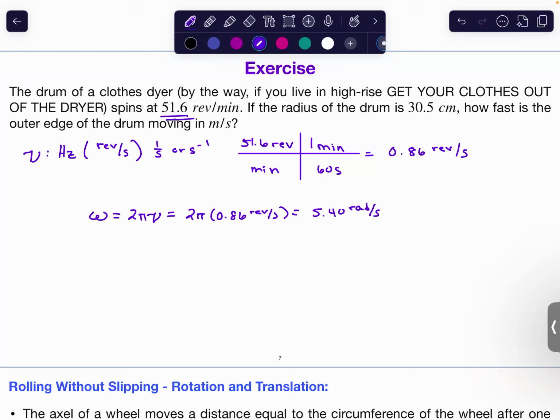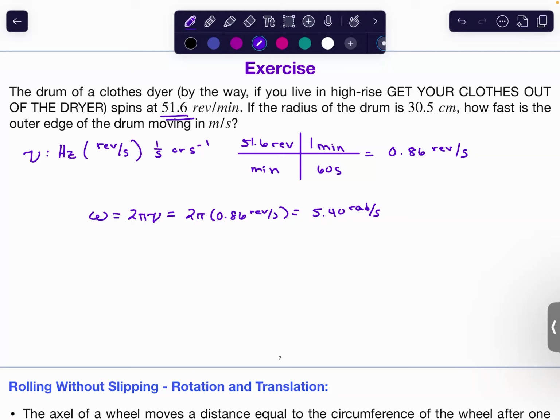But here's the thing. You see the units that we're after? This right here, your omega, this is angular speed. Is that what we're after? No, when you see meters per second, what kind of velocity is that? Linear. So this was asking you for a linear velocity.